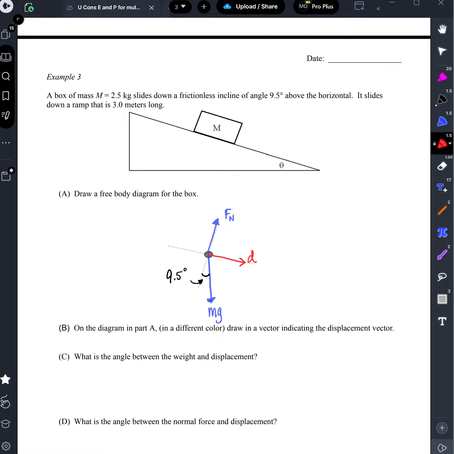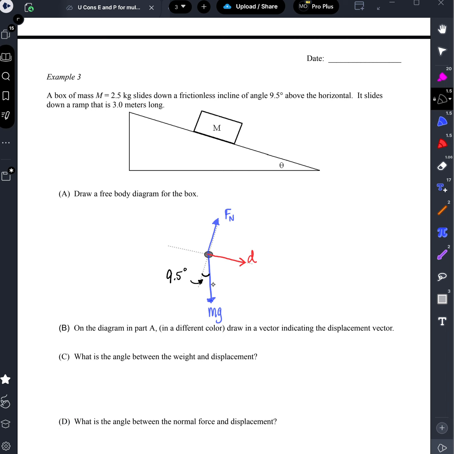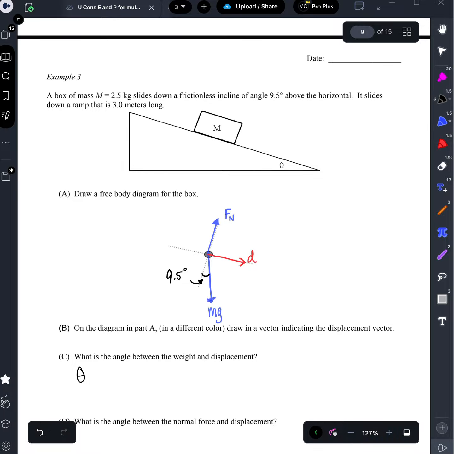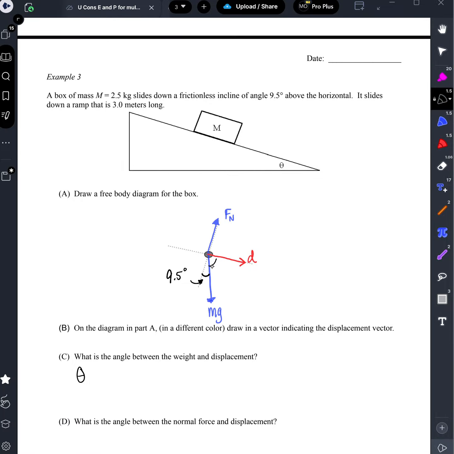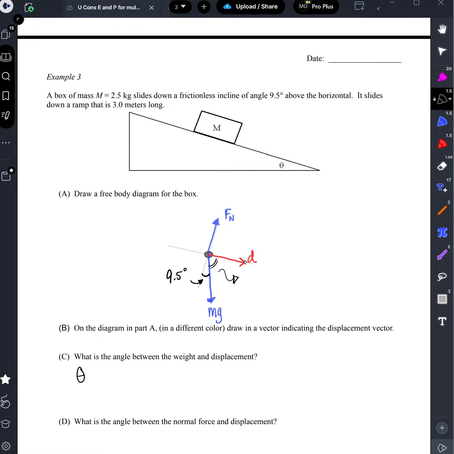Now, when we're going to figure out the angle in between the weight and the displacement, which is part C, we're going to need to look at this angle here. Keep in mind that the displacement is along the ramp, and this line here is perpendicular to the ramp. So this whole area is going to be a 90-degree angle.